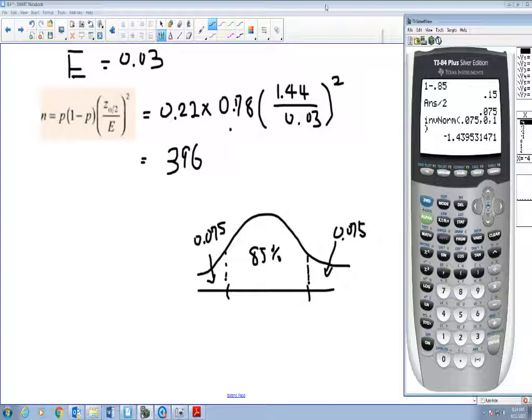So this is how we construct the confidence interval for the population proportion P. We use the 1 proportion Z interval. When the problem uses the word fraction or percentages, that means they want you to estimate the population proportion P.